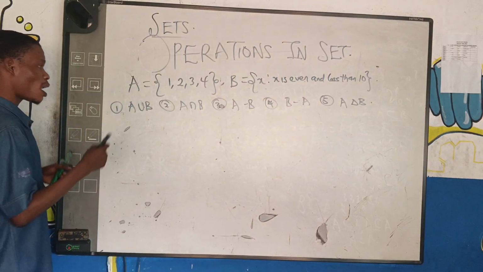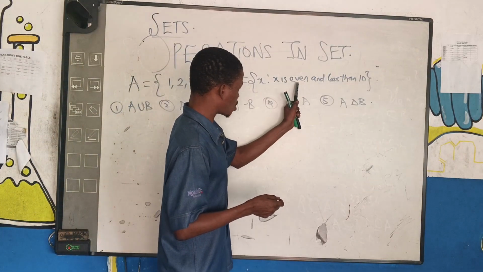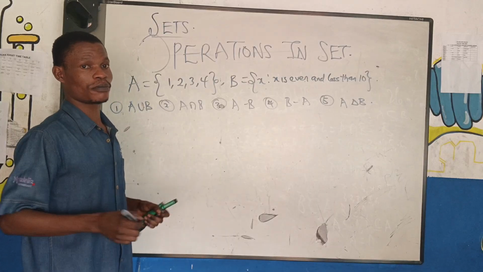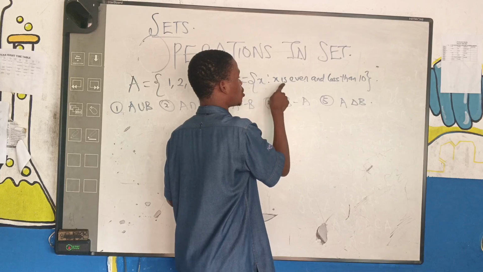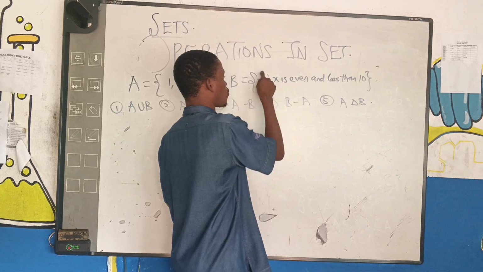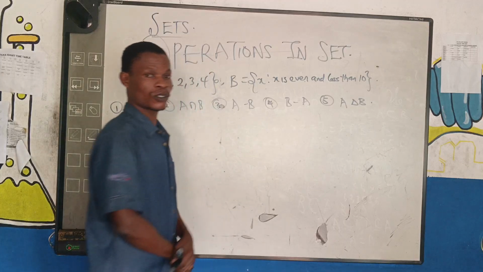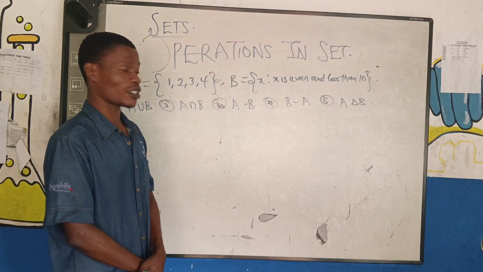Are you there? Now, the very first thing is I want to change this set from set builder notation to the tabular, or listing, method. So how do we do that? B is the set of all X such that X is even and less than 10. This should be even numbers less than 10. I assume that to be positive even numbers.